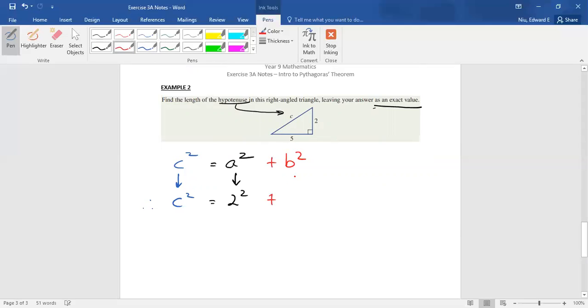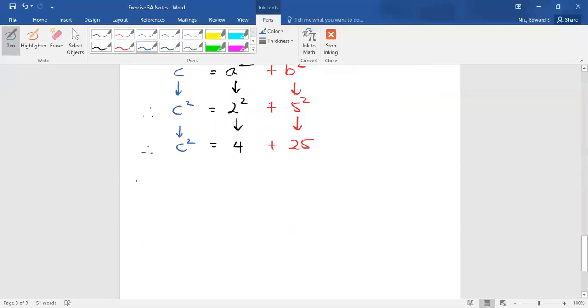Our b squared is going to be the other known side, right? So from there, we can say c squared is going to be whatever 2 squared is, which is 4, because 2 times 2 is 4. Whatever 5 squared is, again, if you're not sure, just use a calculator. 5 times 5 gets us 25. We can add the two together.